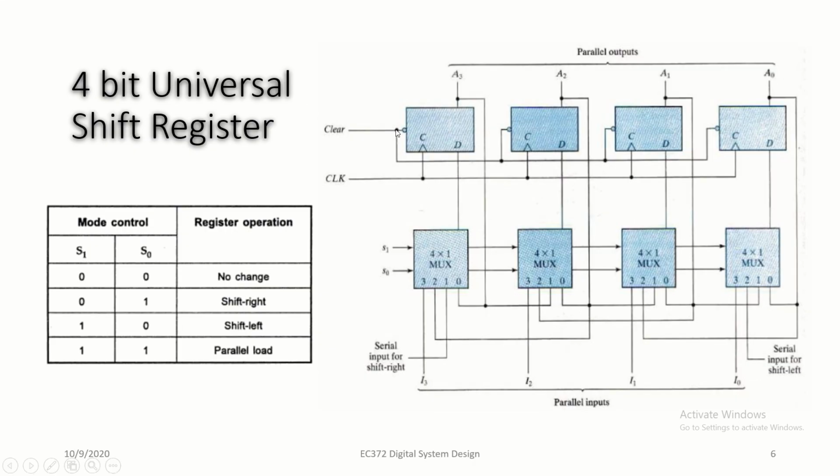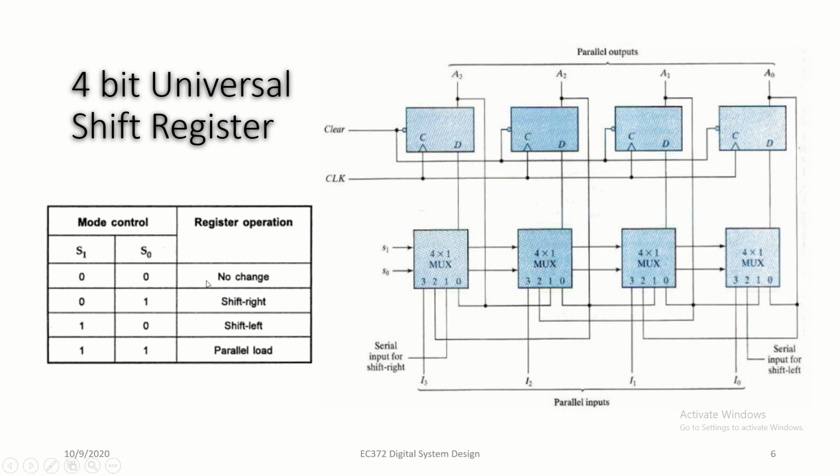As we discussed, here we have 4 bits, so we need 4 D flip-flops and 4x1 muxes. As we have 4x1 muxes, we need two selection lines, S0 and S1. The register performs different operations based on the selection lines.